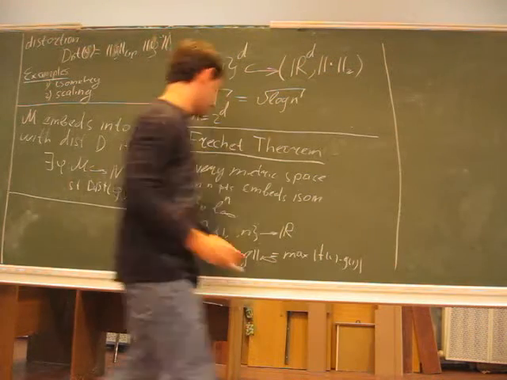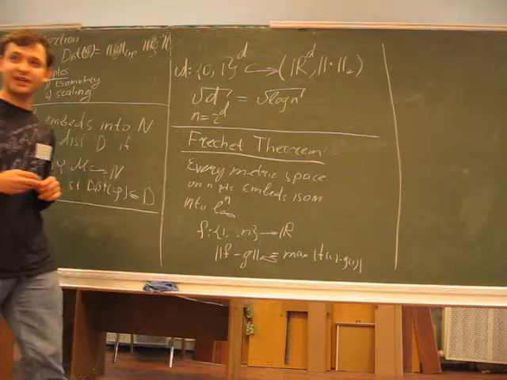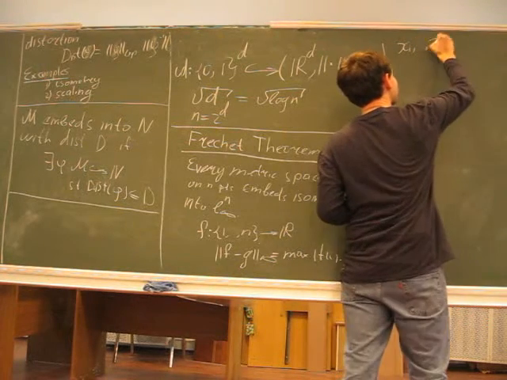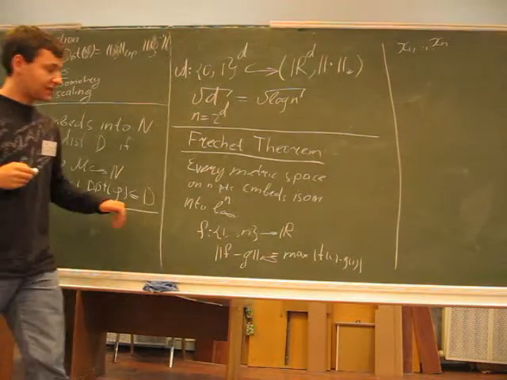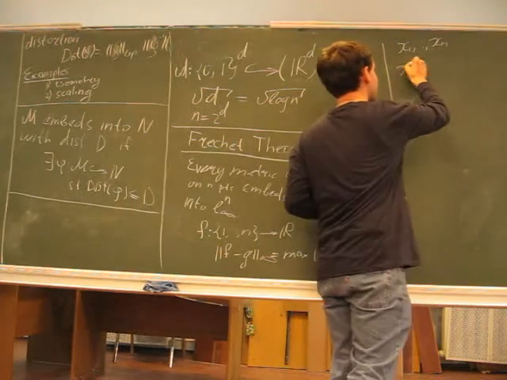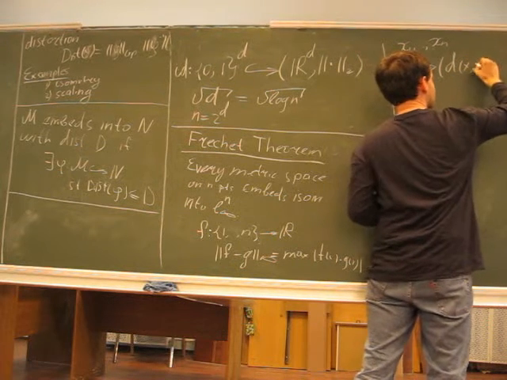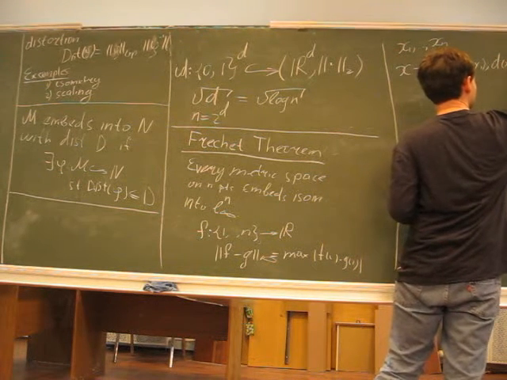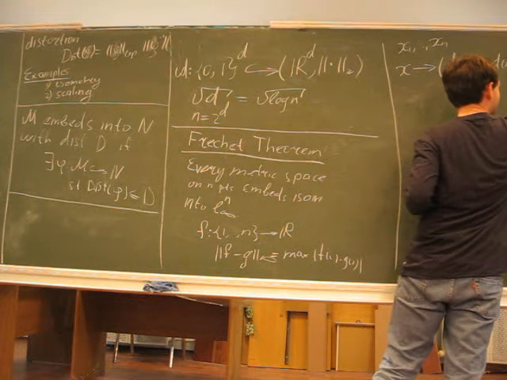So let's enumerate the points x1, etc., xn, without loss of generality. And so for every point x, you map it to the point which is the distance from x to x1, the distance from x to x2, etc., the distance from x to xn.